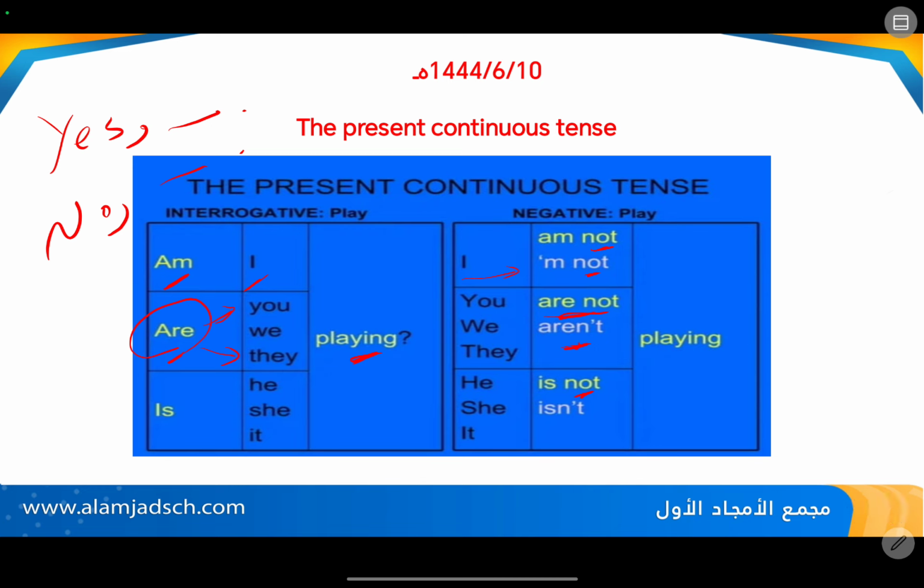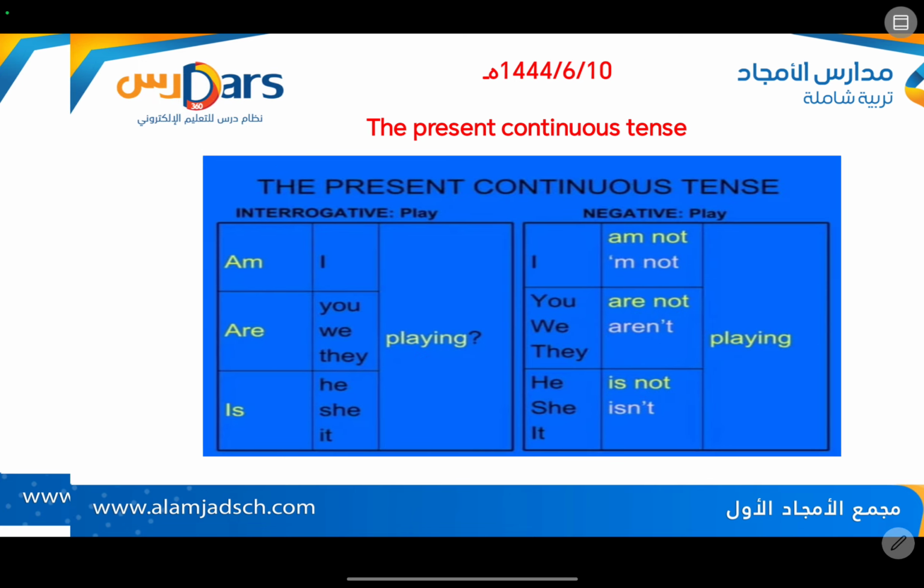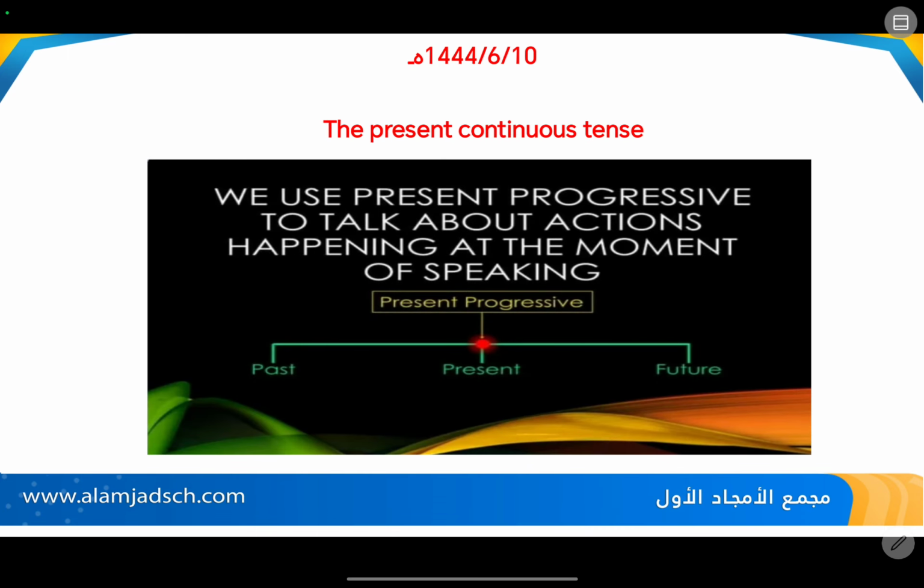Okay, let's move to the next page. This is a timeline of the present continuous tense. As I told you before, we use the present continuous tense or the present progressive tense to talk about actions happening at the moment.